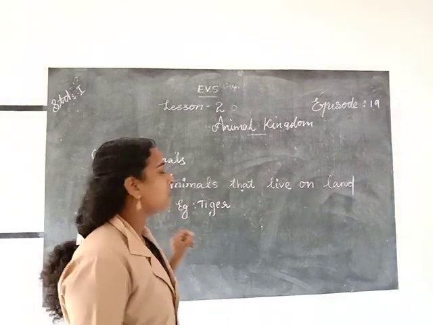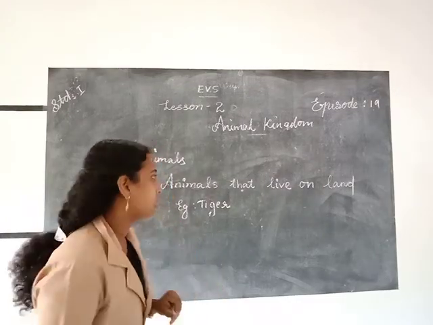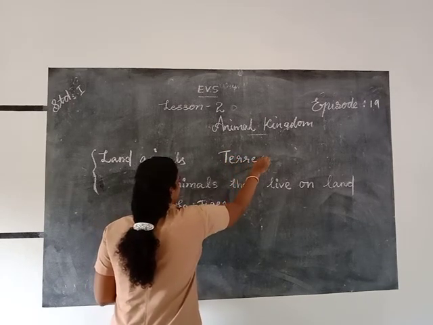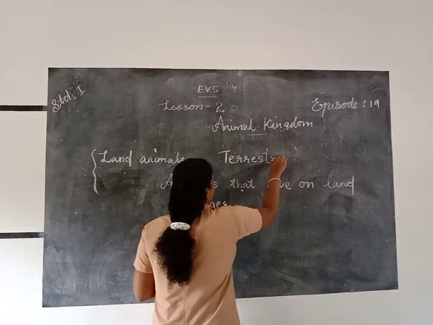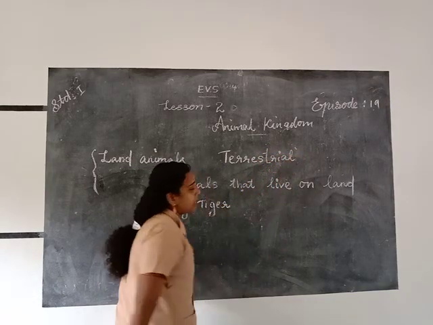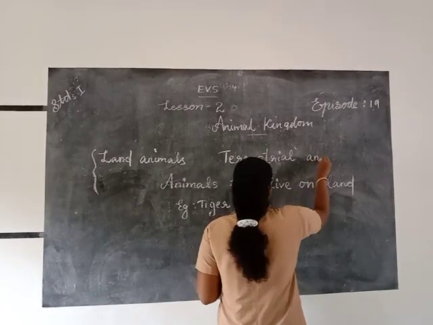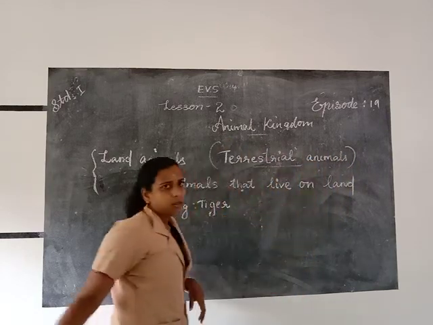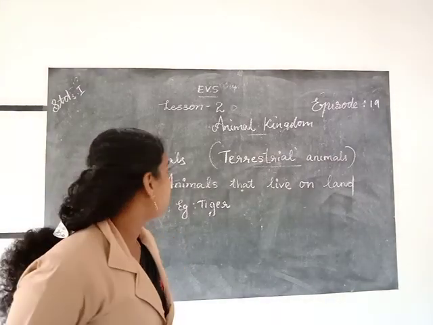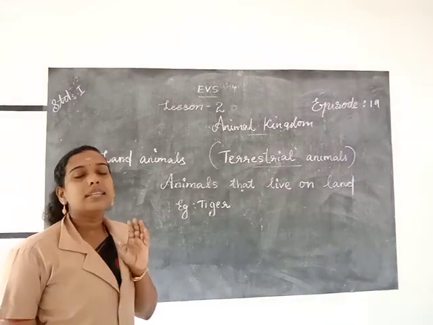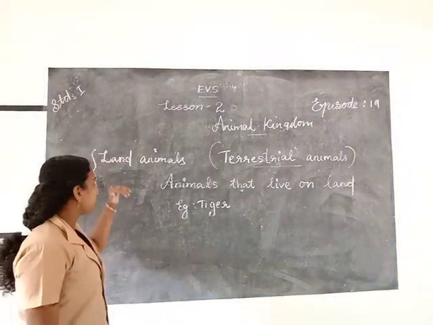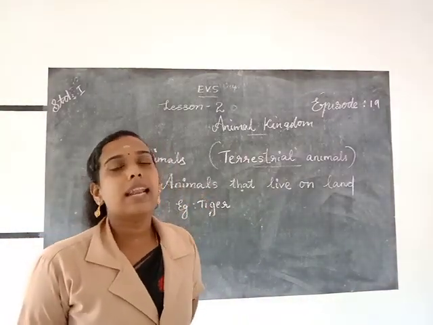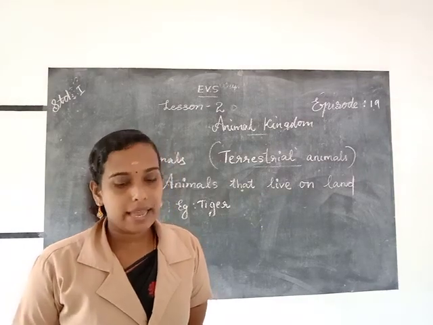Terrestrial, T-E-R-R-E-S-T-R-I-A-L, terrestrial animals, A-N-I-M-A-L-S. So what do you mean by land animals? The animals that live on land are called land animals or terrestrial animals.